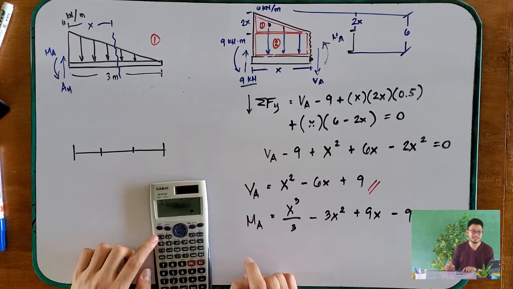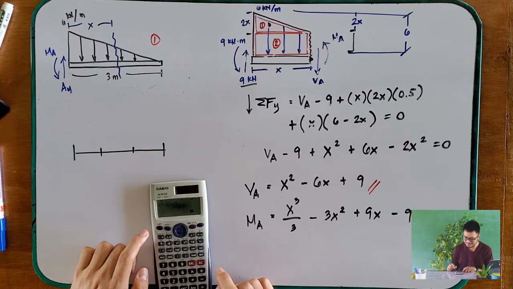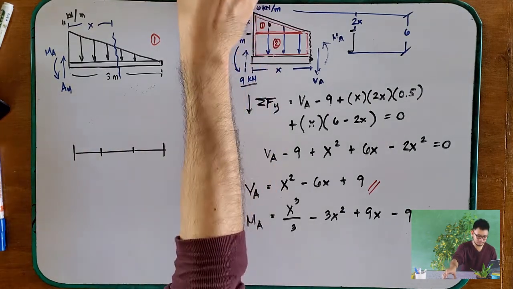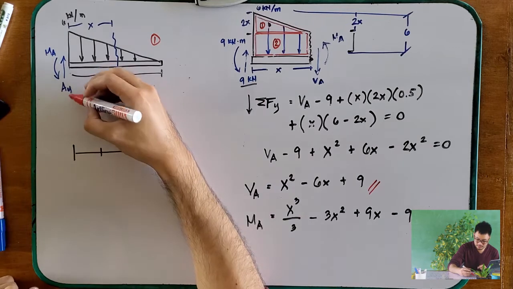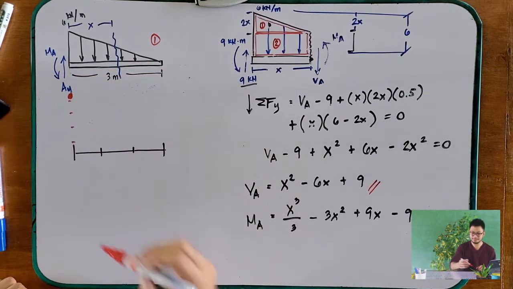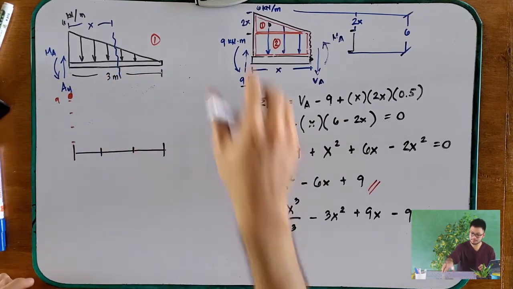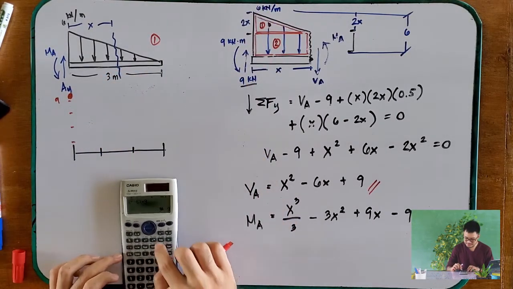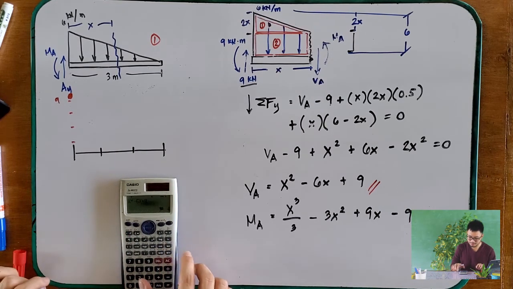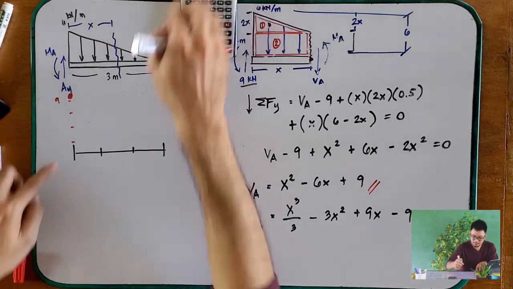Okay, so let's go. What is your shear if your x is 0? 9. So, let's say that is your 9. What is your shear if x is equal to 1? 4.